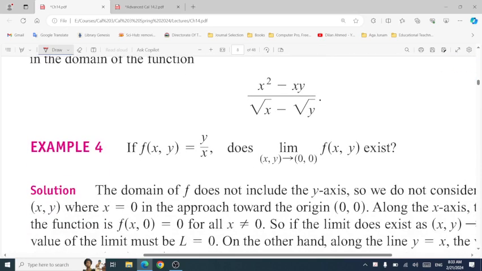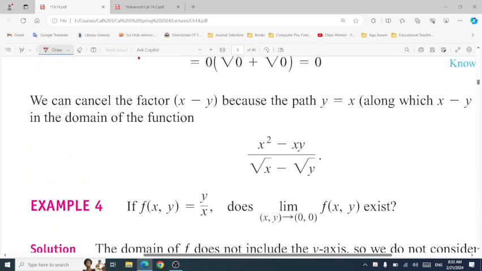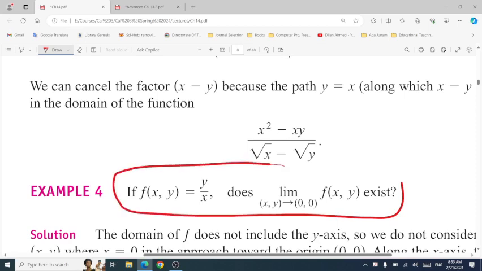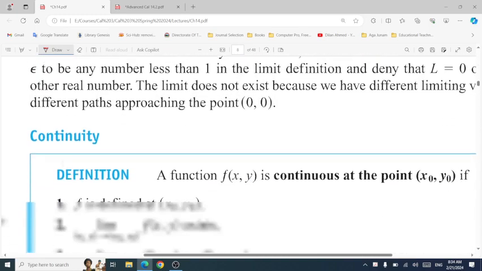Any question? Did you understand? Good, now asking something: does this limit exist or not? If the limit does not exist in double variables, we need to use the two-path method. What do you mean by two-path method?